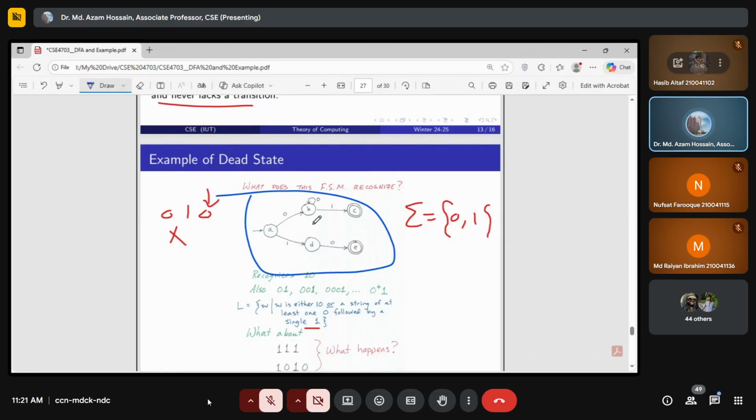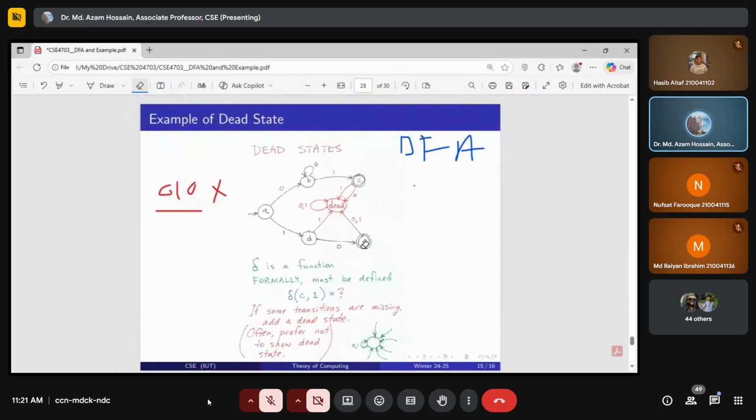Yes, it is also a DFA. We assume that if any transition is missing, like here one is missing, that means it goes to the dead state. We assume this to keep the machine simple. If you look at this machine and that machine, this one looks much more complex. So to make the machine look simple, we assume in a DFA that any missing transition goes to which state?